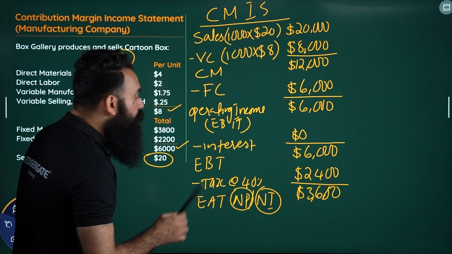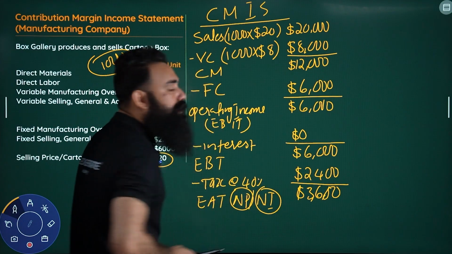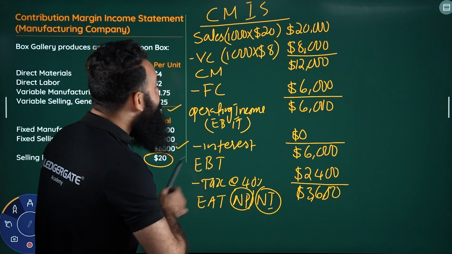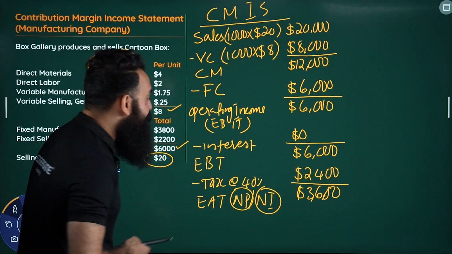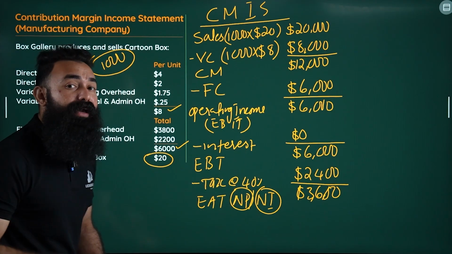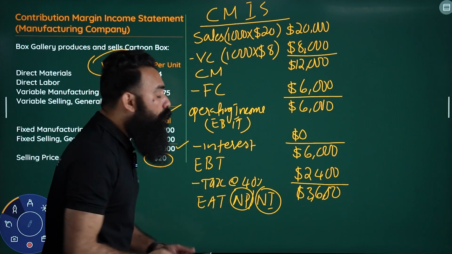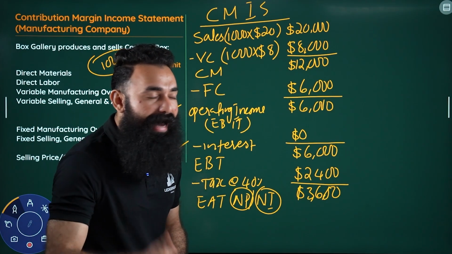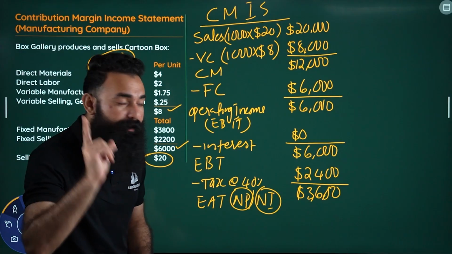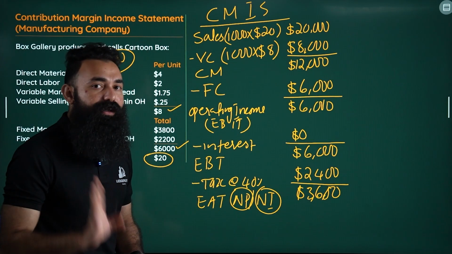Why? It's only because there is an assumption behind the internal decision making process that interest should be ignored. So from here onwards we call the operating income also the pre-tax profit, only because the interest is ignored.